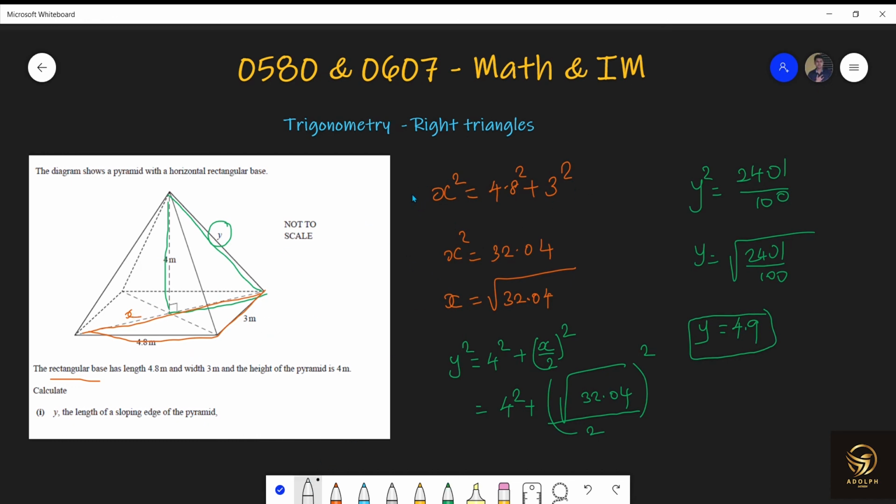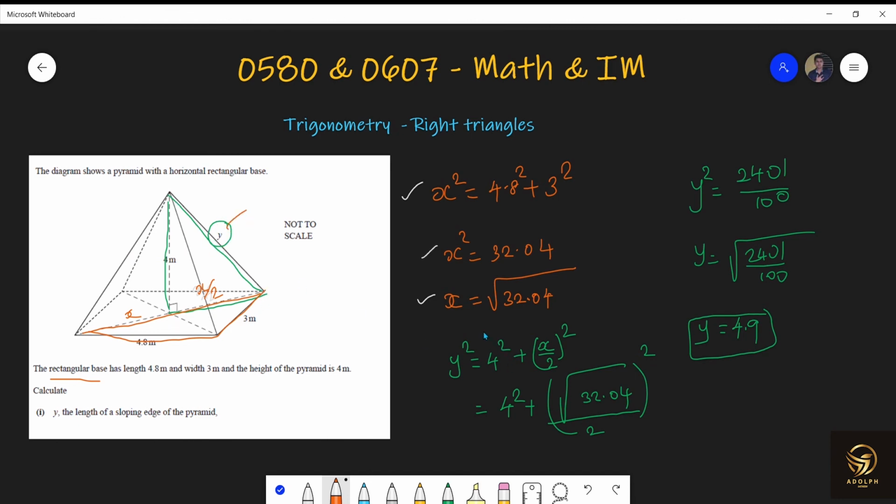By using this Pythagoras theorem, I'm getting the x square value. Then I'm calculating what x is, and I'm keeping it as the square root of 32.04 itself because I want that exact value. I know that I have to use only x by 2 here. If I use only x by 2, then I can write how the Pythagoras theorem relates to this right angle triangle.